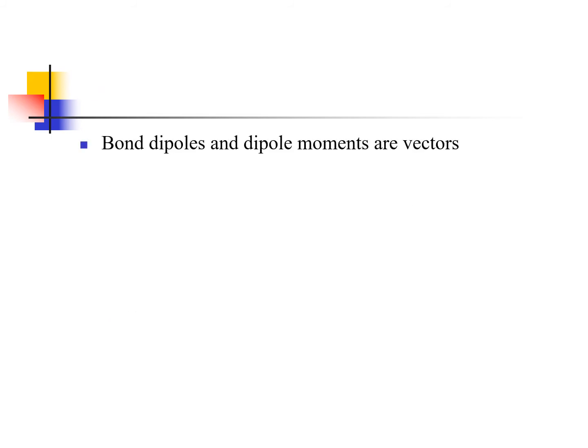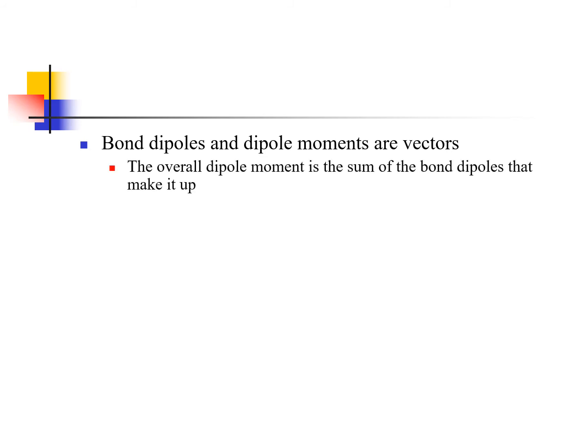Now, this is where it gets interesting. Bond dipoles and dipole moments, don't stress over the difference right now, are vectors. As you may have learned in your math classes, vectors are something with an amount and a direction. So the overall molecular polarity, or the molecular dipole, is the sum of all the bond dipoles that make it up.